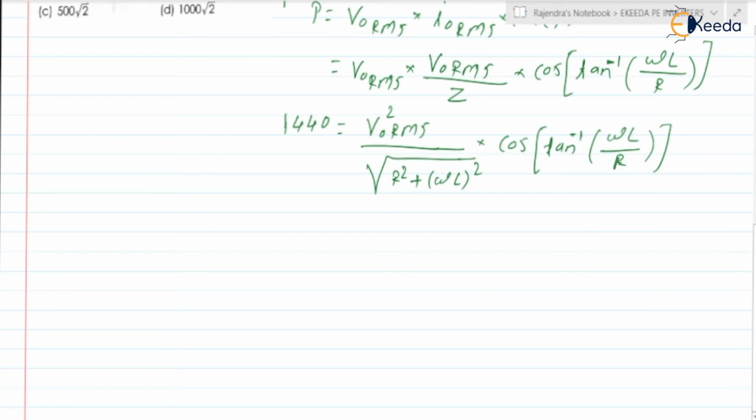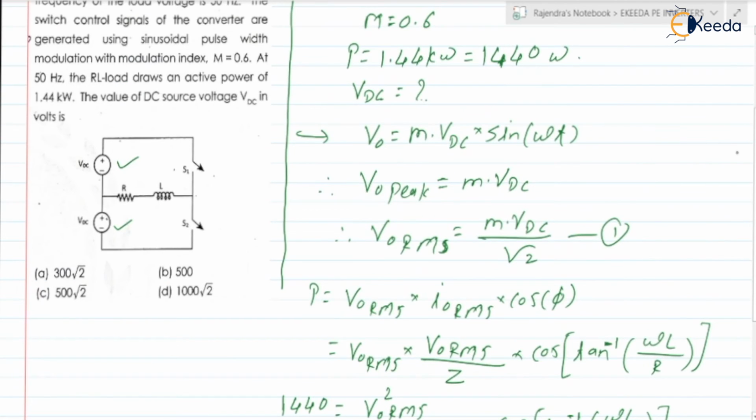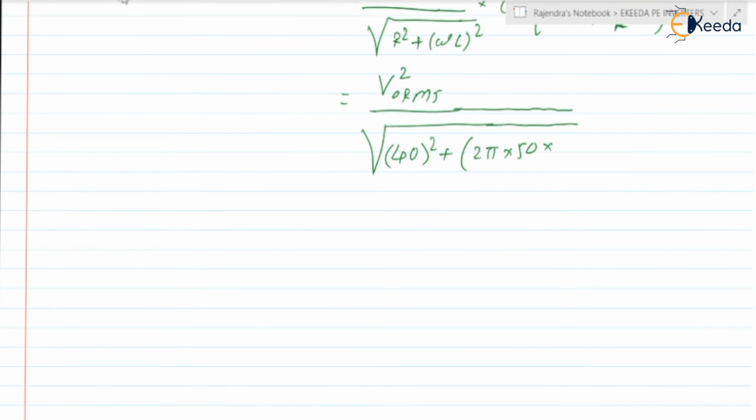Further we can write it as V0 RMS square divided by the square root of 40 square plus, omega is 2 pi f, 2 into pi into 50, into L, which is 0.3 by pi, bracket square.